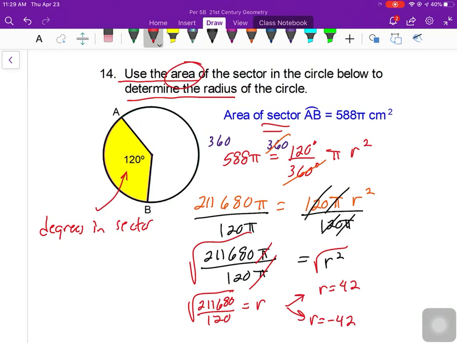But negative 42 does not make sense because radius cannot be negative. So that's our answer. That last one was probably the most complicated one.